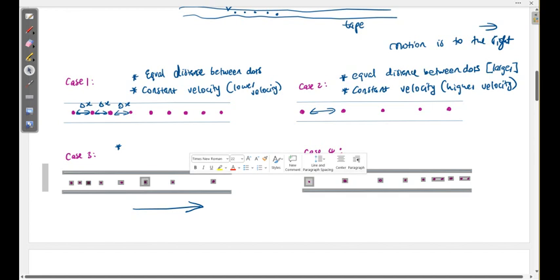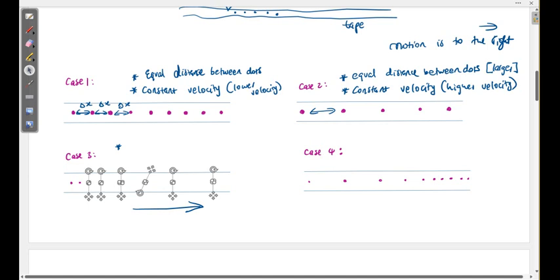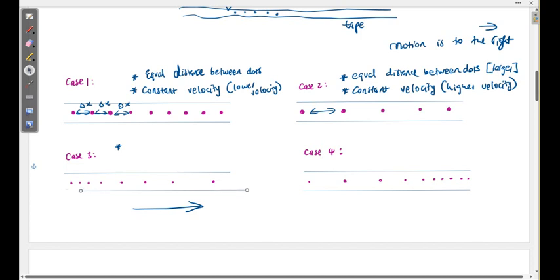Okay, let me try. I'm not sure if this is going to work, but let me see if we can visualize that. All right, what is essentially happening there, as this thing is moving?